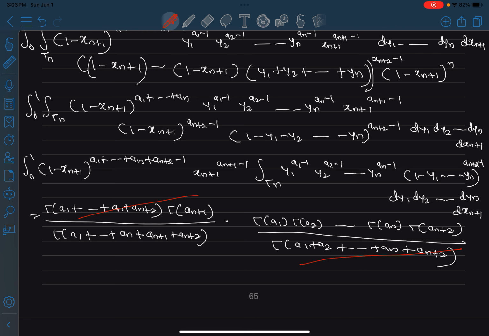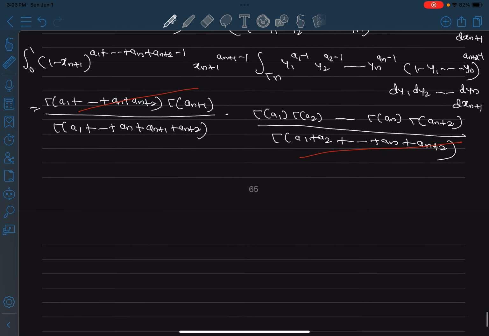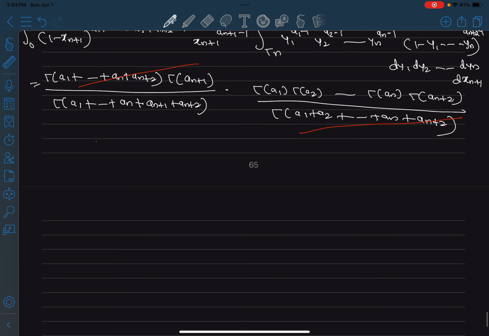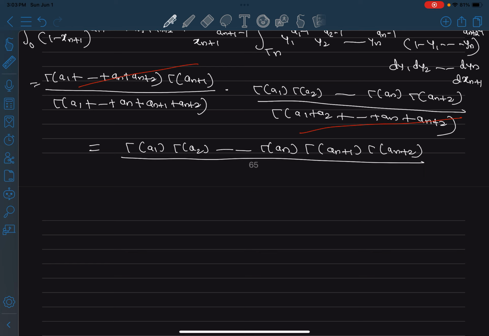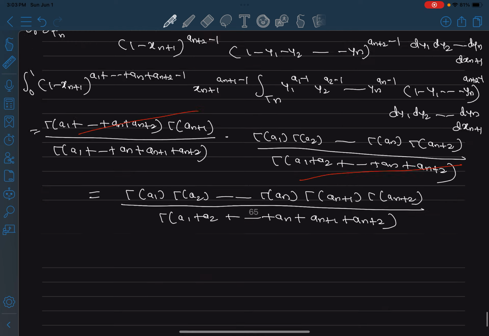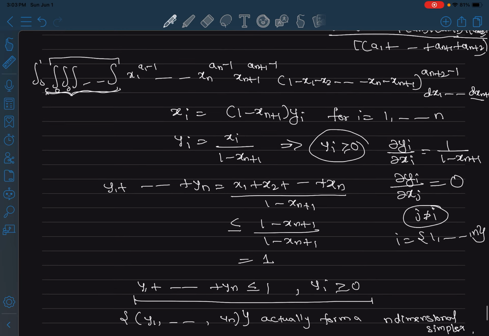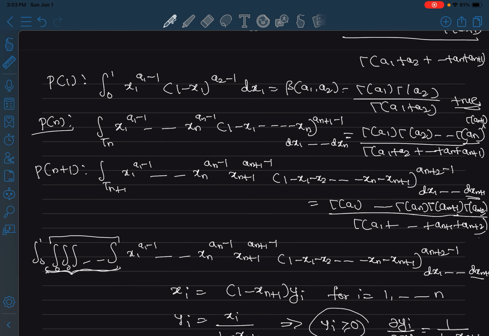And what we have remaining is what we wanted to have in the n plus 1th term. So gamma a1, gamma a2 up to gamma an, and then gamma an plus 1, and gamma an plus 2, divided by gamma of the sum a1 plus a2 up to an plus 1, an plus 2. And that's exactly what we had to prove in P of n plus 1, right? So this is what we wanted to prove, and we proved that.